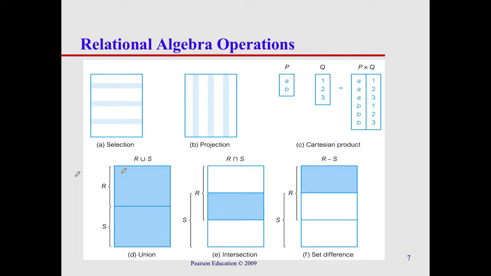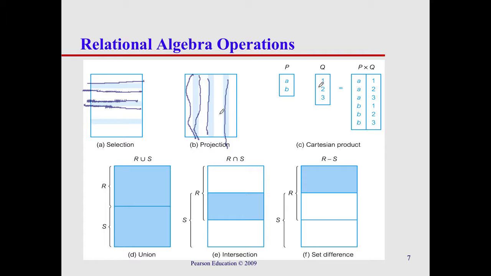This is just trying to show you what the different operations do. Select selects certain rows. Project selects columns. Cartesian product is every possible combination of the two. It's like multiplication.